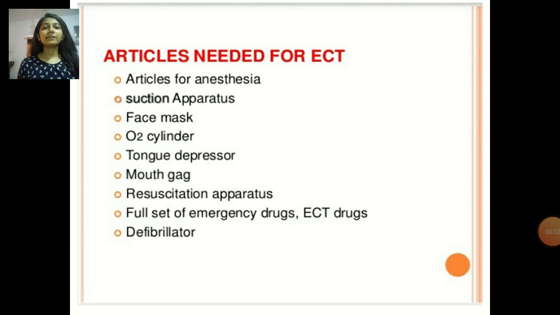Articles needed for ECT: first, articles for anesthesia; next, suction apparatus to prevent aspiration and pneumonia; face masks; oxygen cylinder to provide oxygenation; tongue depressor to prevent tongue or lip injury; mouth gag to prevent tongue bite; resuscitation apparatus or a full set of emergency drugs like atropine, and a defibrillator.